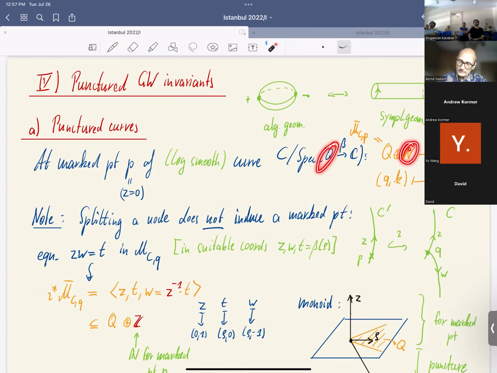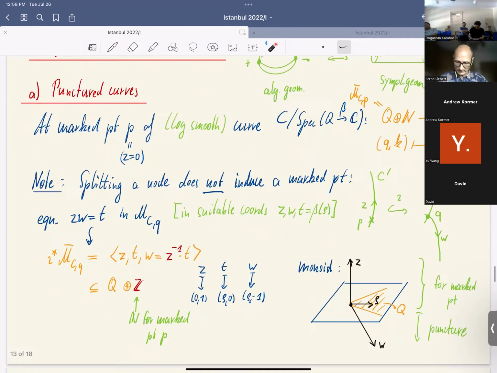And this N tells you the vanishing order in the vertical direction at this marked point. And the map simply maps (q, k) to beta of q, the log structure from the base, and then Z to the k, where Z equals 0 is the equation of the point. Okay, so this is something Umut asked me yesterday about, and I try to explain it a little better.